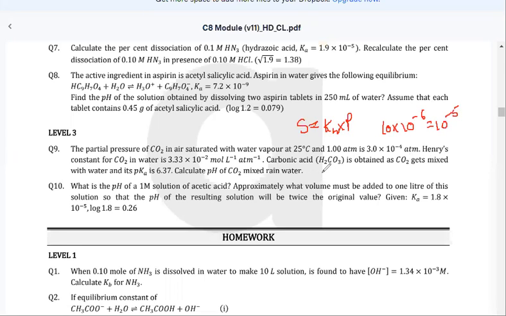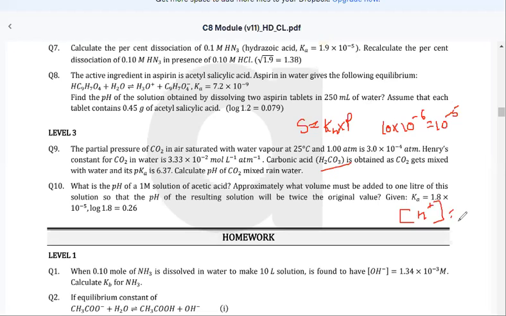right? And H2CO3 is a weak acid or strong acid? Tell me, everyone. H2CO3 is a weak acid or strong acid? Weak acid, right? Agree? So what is the formula for concentration of H plus? Tell me, what is the formula for concentration of H plus?